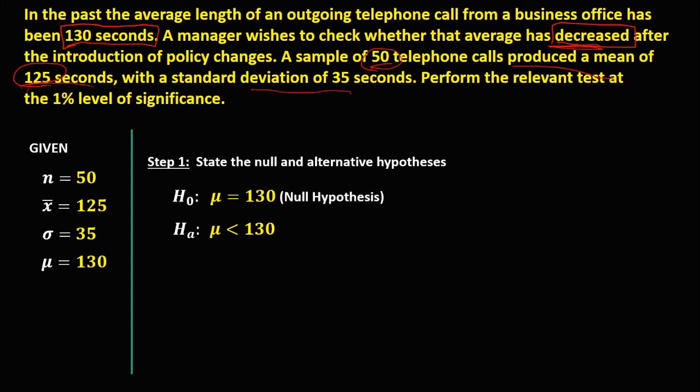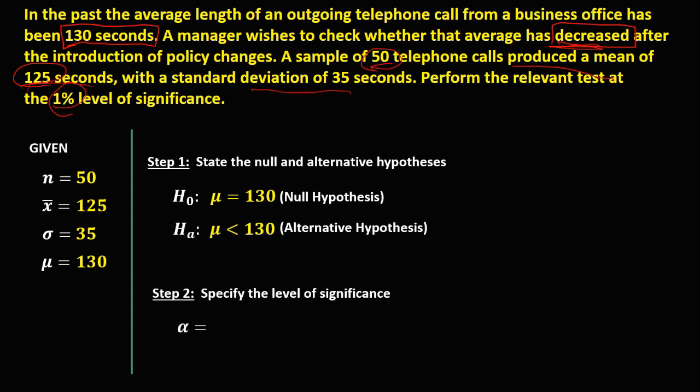So this is the null hypothesis and this one is the alternative hypothesis. Then for the level of significance, since 1%, alpha is equal to 0.01. Since less than, this one is left-tailed.